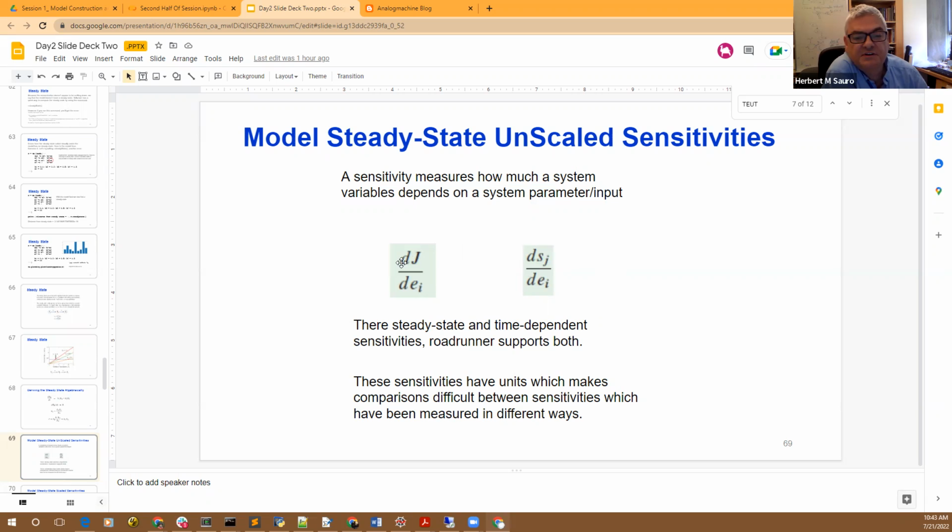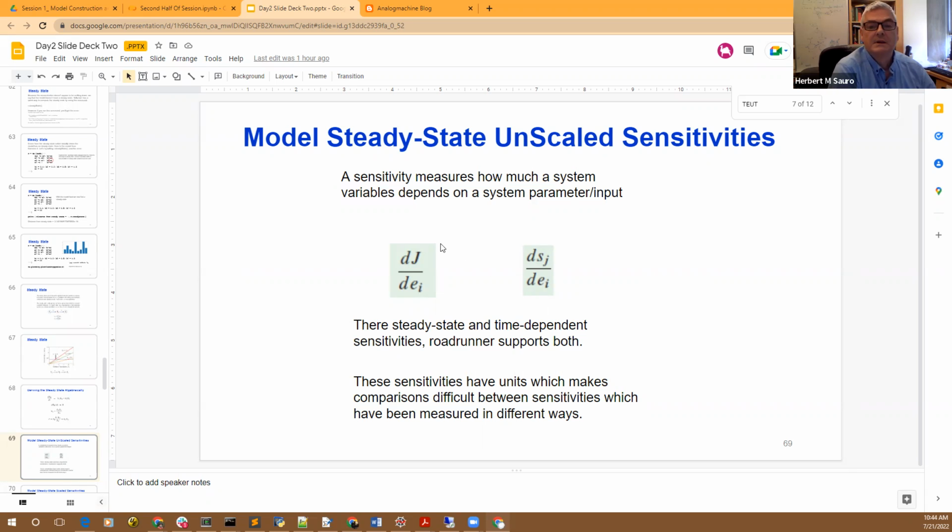It's literally just a derivative of some observable with respect to some parameter. The observables can either be the rates for particular steps, or the species levels. The parameter you're looking at the sensitivity with respect to can be anything, but in metabolic models, it's often the amount of enzyme at a particular step.